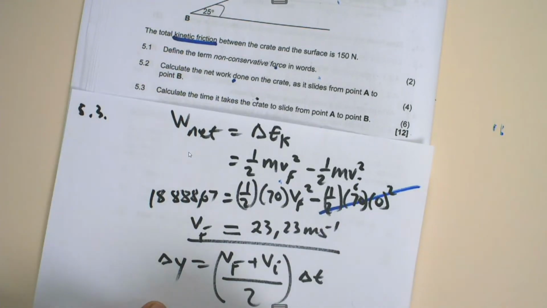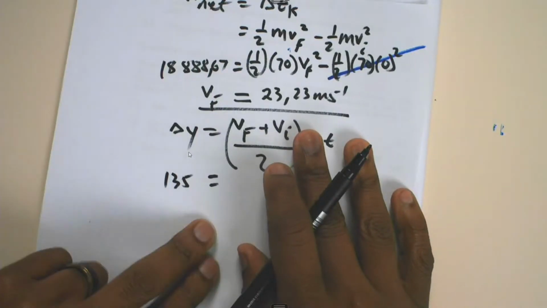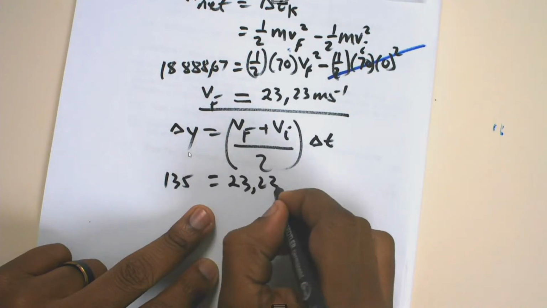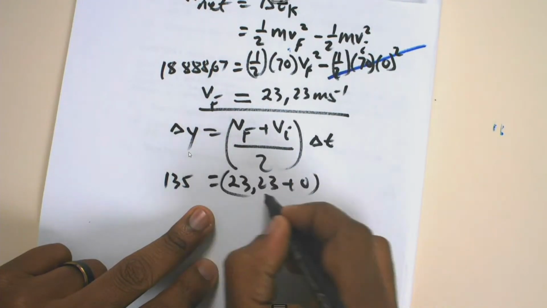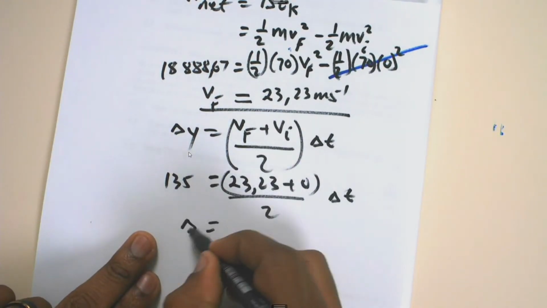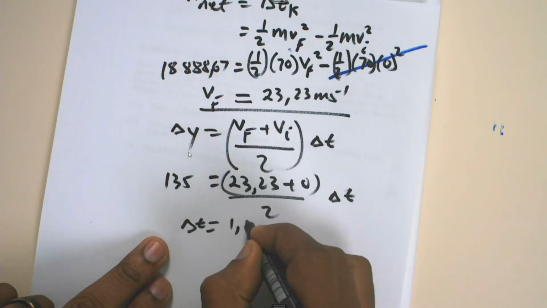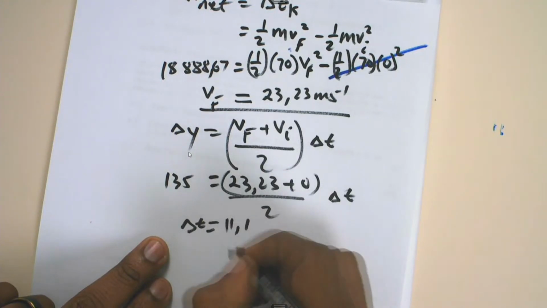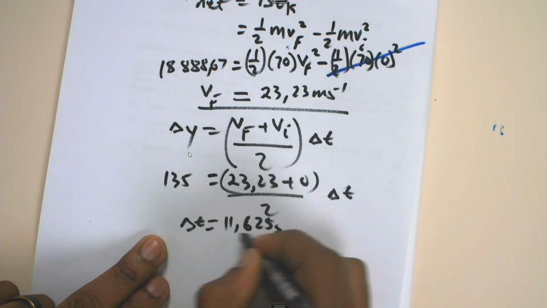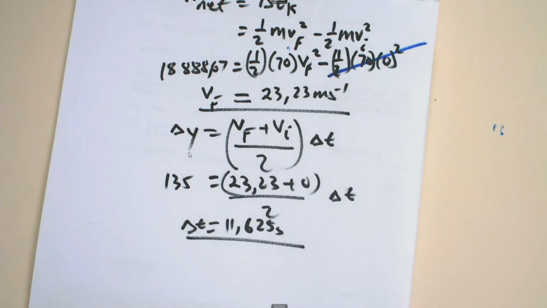Then I will do the mathematics. Delta y was given as 135. V final just calculated is 23.23 plus 0, divided by 2, times change in t. Then you'll find that change in t is 11.625 seconds.